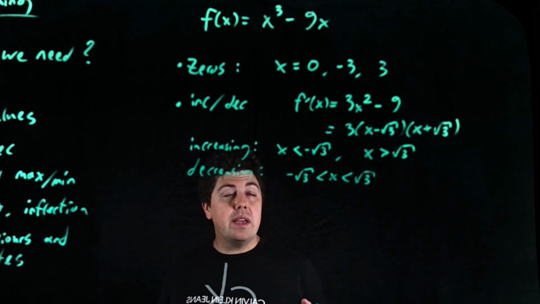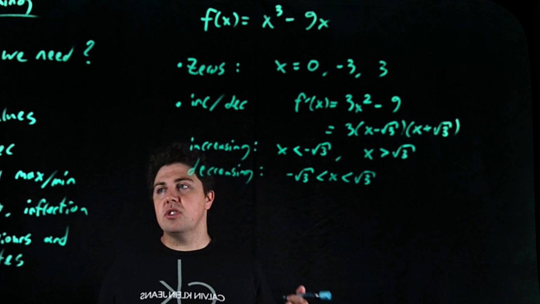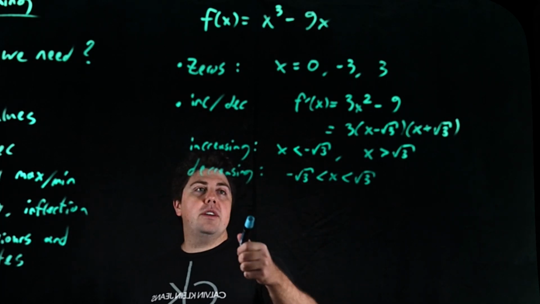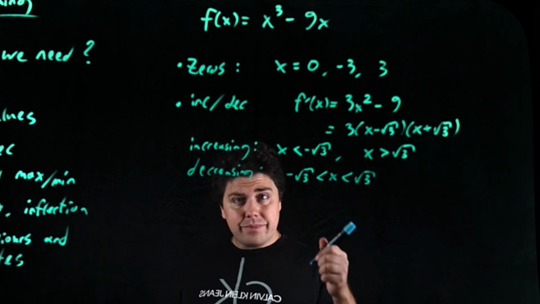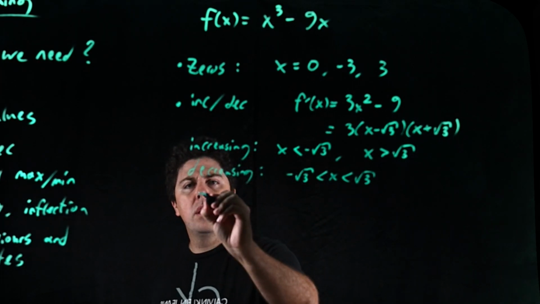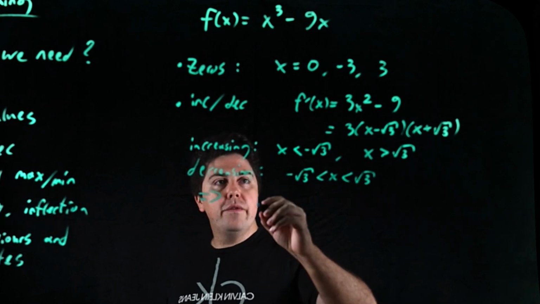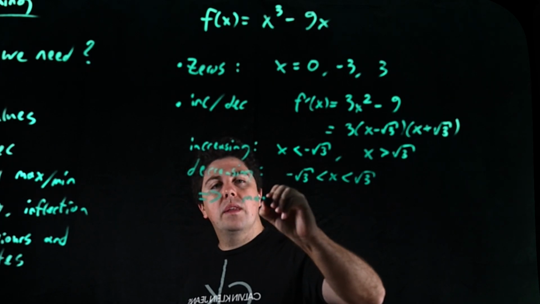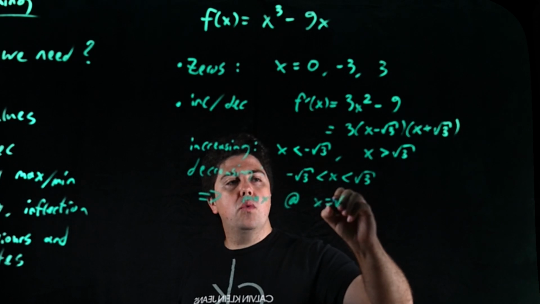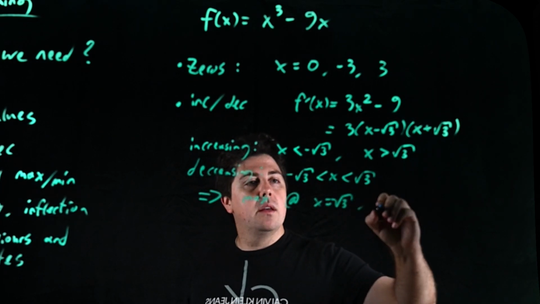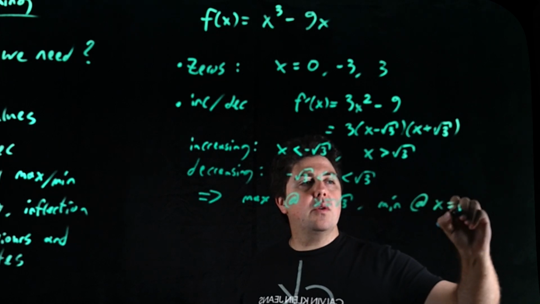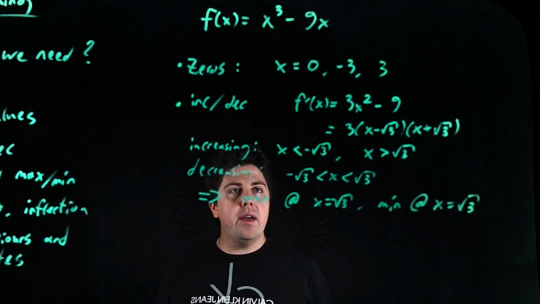But now we can also see from this information, so what's nice about this is we get dual duty. From this information, we can now use the first derivative test to show that we have a maximum at x equals minus root 3 and a minimum at x equals root 3. Why?